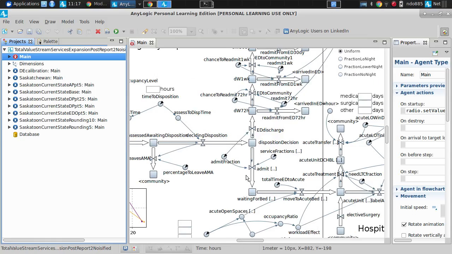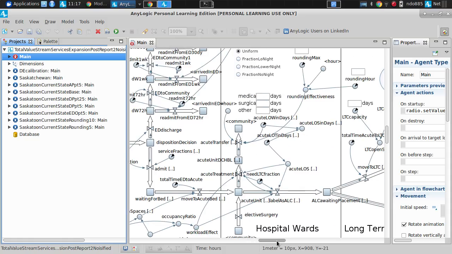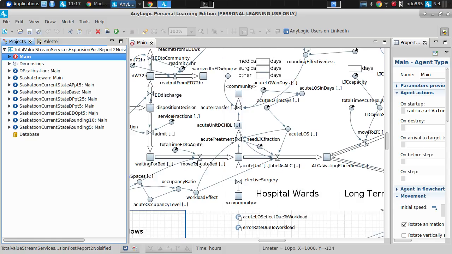And then individuals, if we scroll over here to the right, who have been examined by that physician and a disposition decision has been made, they will go into one of a set of states here, okay? And I'm going to focus on these states down here where they're waiting for a bed, they're moving to an acute bed, to an acute care bed. And you'll notice those acute care beds are taken up by those patients, but they're also taken up by those coming from elective surgery.